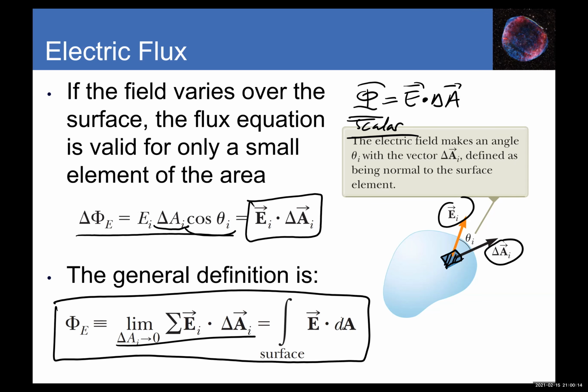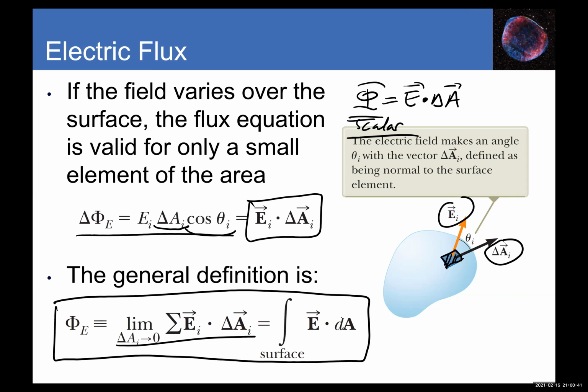Here I'm going to get cosine of 180 degrees, because the electric field is in the i hat direction, but dA2 is pointing in the negative i hat direction. So it's a cosine of 180. Same electric field, same dA, add them together. This one is positive flux, this one is negative flux. I add them together, I'm going to get 0.